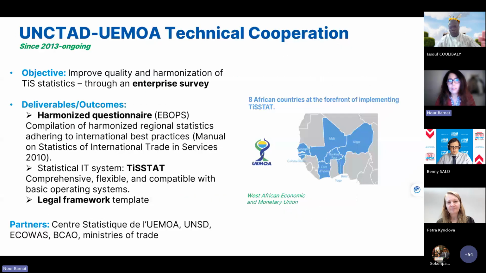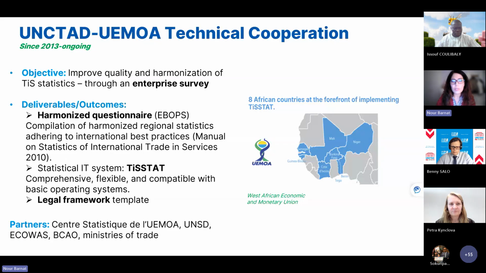In UNCTAD, we wanted to overcome some of these challenges through our technical cooperation with UEMOA, which started back in 2013 and is still ongoing. The objective was to improve quality and harmonize the trade in services statistics in the region through an enterprise survey.